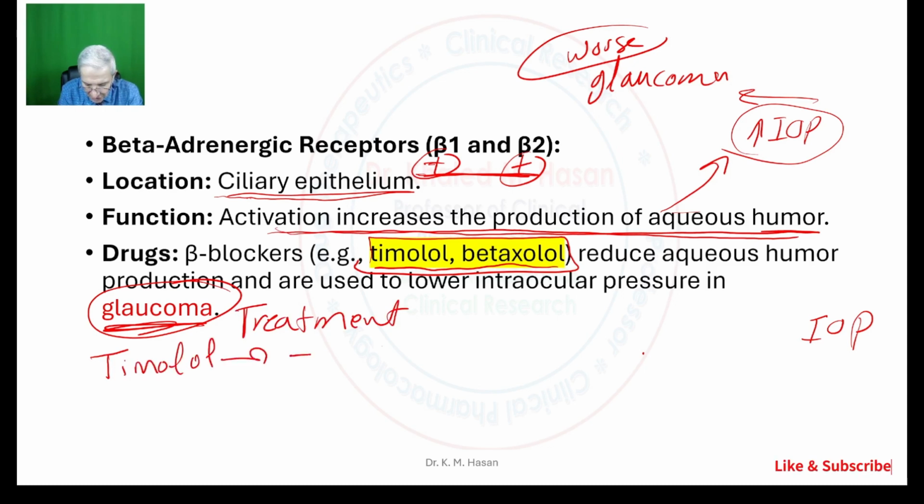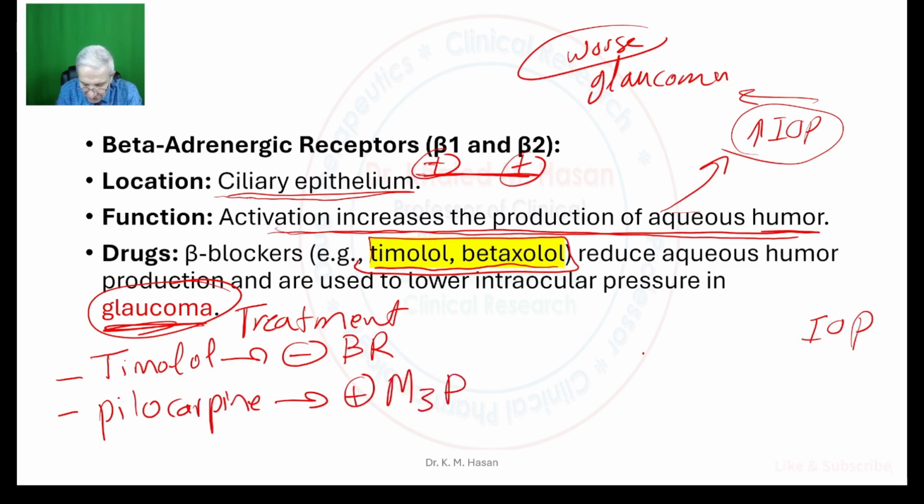This belongs to blocking beta receptor in the eye. Then we have pilocarpine. This stimulates muscarinic receptor in the eye. So this one belongs to the muscarinic neurons.